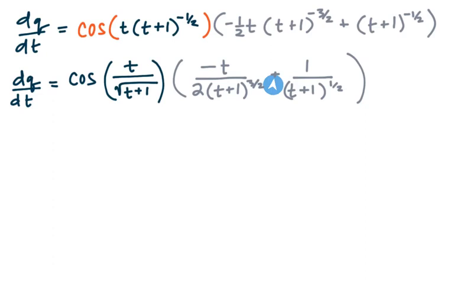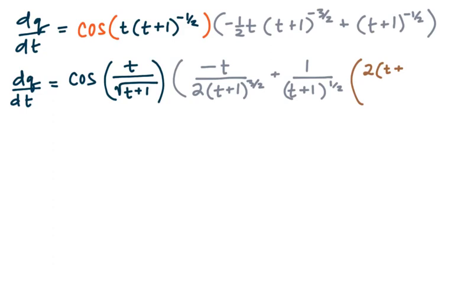So we might want to add these two fractions together. And in order to add them together, we'd need to get a common denominator. So the second fraction would need a 2 in front of it, and that exponent would need to become 3/2. The way we can make that is if I multiply by 1, and I'm going to choose to make my 1 equal to 2 times (t+1) over 2 times (t+1). We get better at doing this creatively with practice.